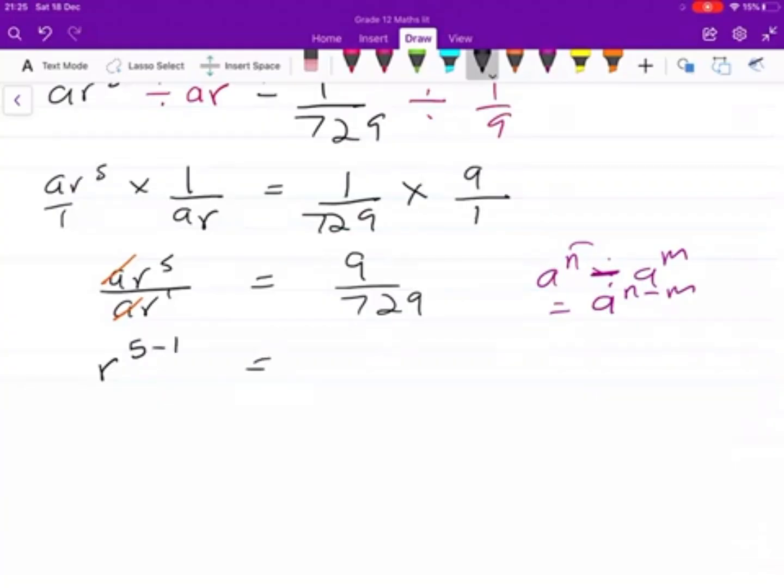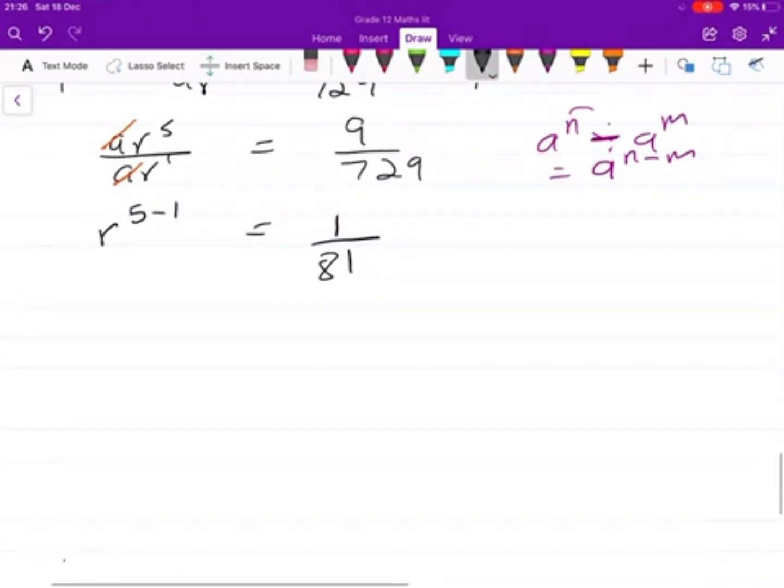Then we ask ourselves a critical question. How many times does 9 go into 9? It goes once. And how many times does 9 go into 729? It goes 81 times. That is critical, guys. So therefore R to the exponent 4 is equal to 1 over 81.